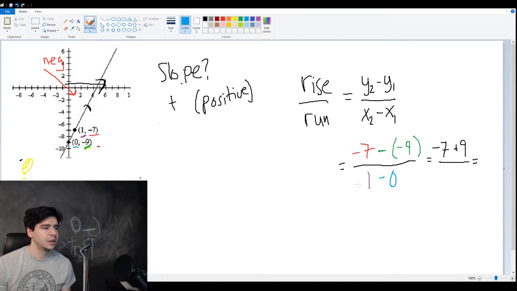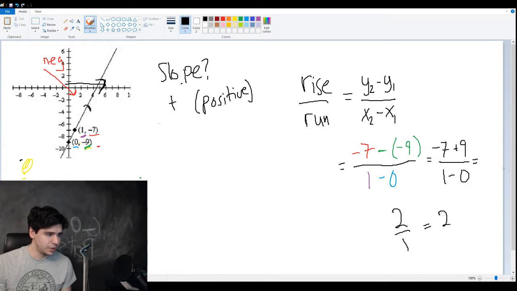So 1 minus 0. Now all I have to do is basic math. If I plug into my calculator -7 plus 9, that is going to give me 2. If I plug in 1 minus 0, that will give me 1.